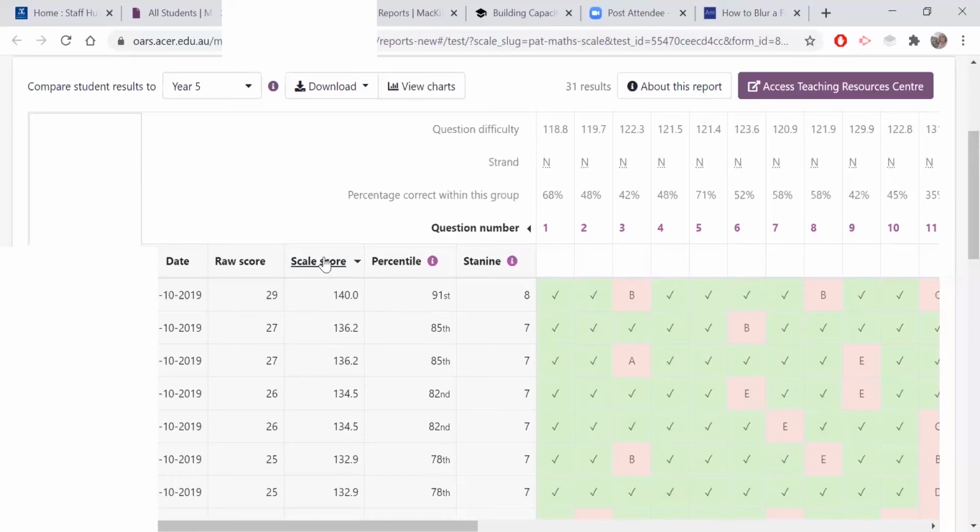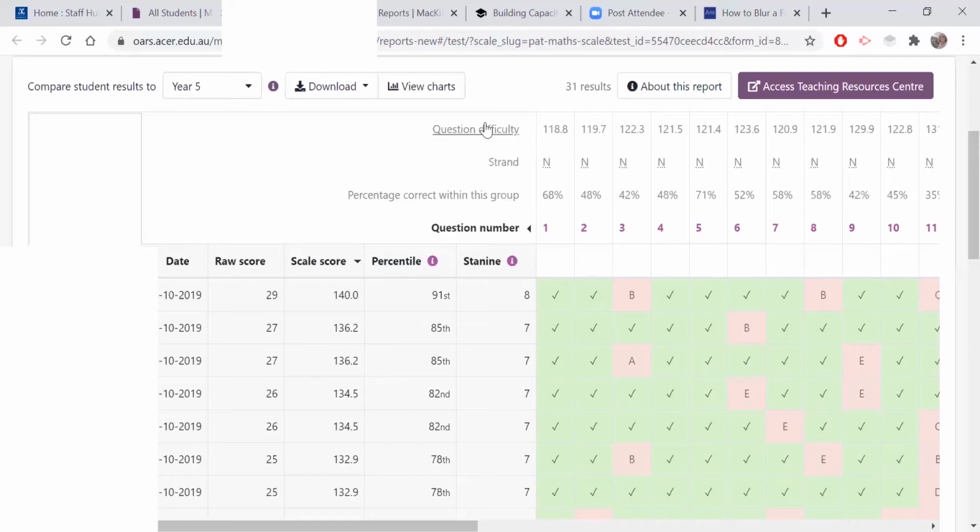All right, then what I can do is let's have a look at the questions. You'll notice that they're in order by question number. I can put them in order by question difficulty. So this number here tells us how difficult the question was, and it's actually related to the scale score.